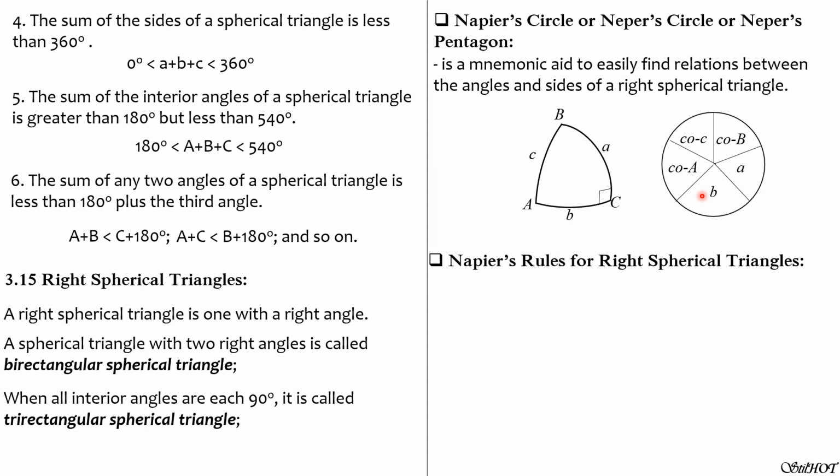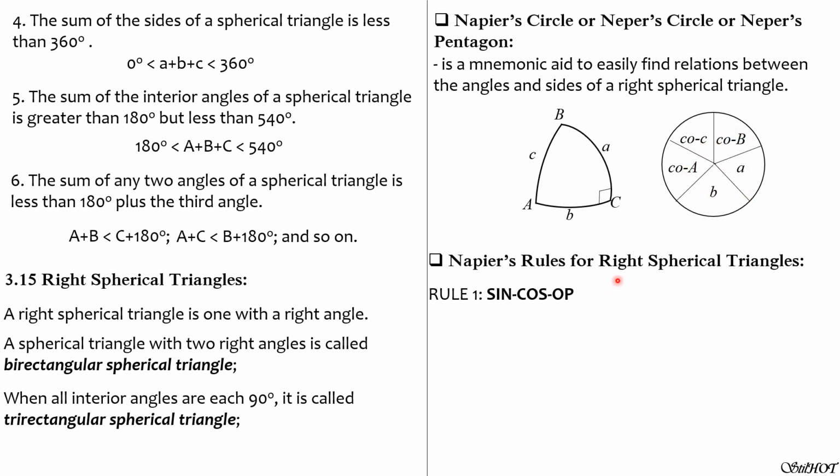The first rule, rule 1, is the sin cos op rule. The meaning of this acronym should be: the sine of any middle part of this Napier circle is equal to the product of cosines of opposite parts. Since there are 5 parts, we can derive 5 formulas.